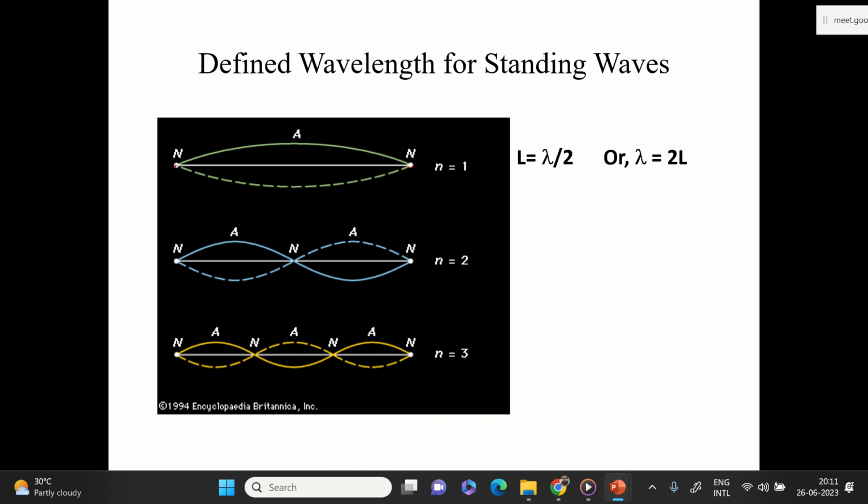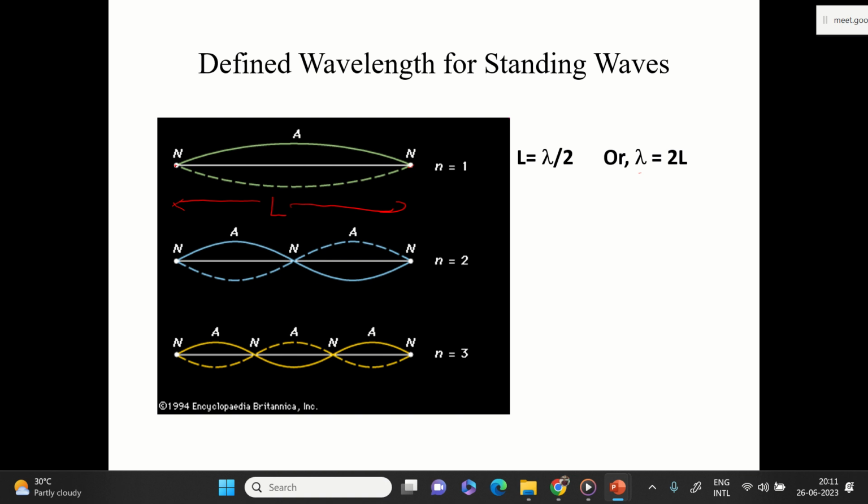And when you calculate lambda, this length of the string is L. This is the length of the string L. Okay. And this is lambda by 2, lambda by 2. So lambda turns out to be 2L.